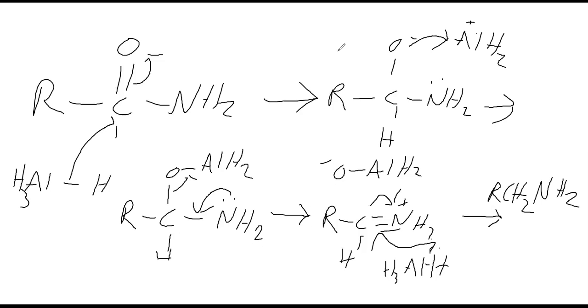And so essentially the idea here is that nitrogen is less likely to go without the presence of water. That this aluminum oxide compound can then be neutralized by adding water and precipitating that out.